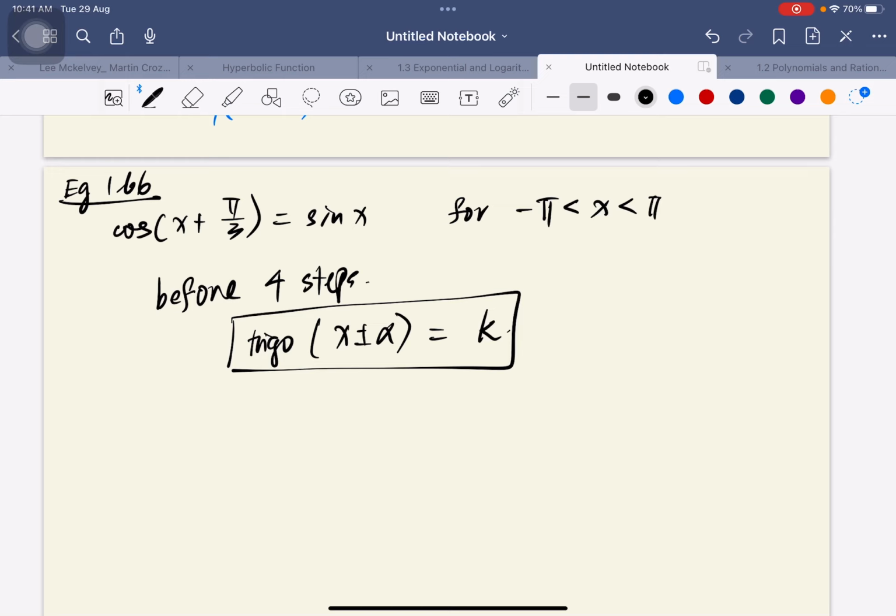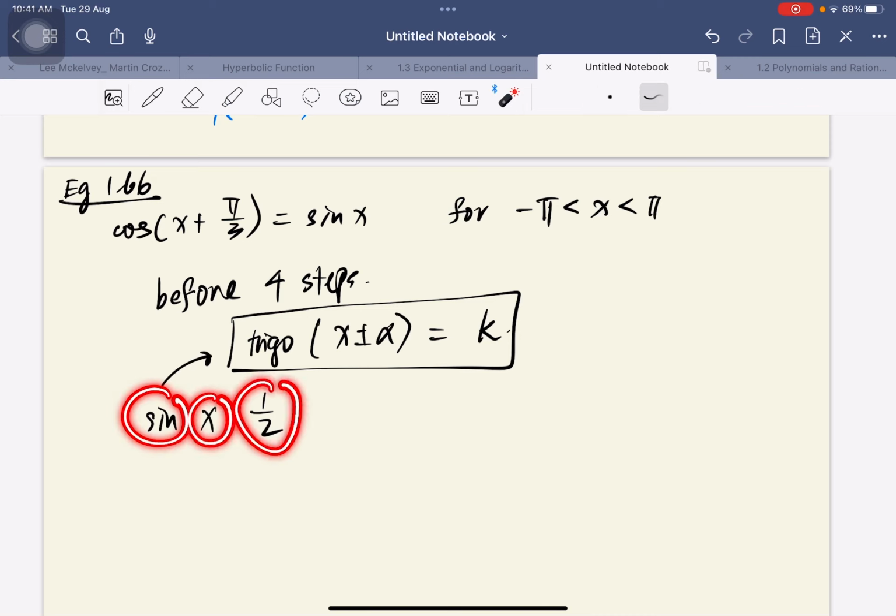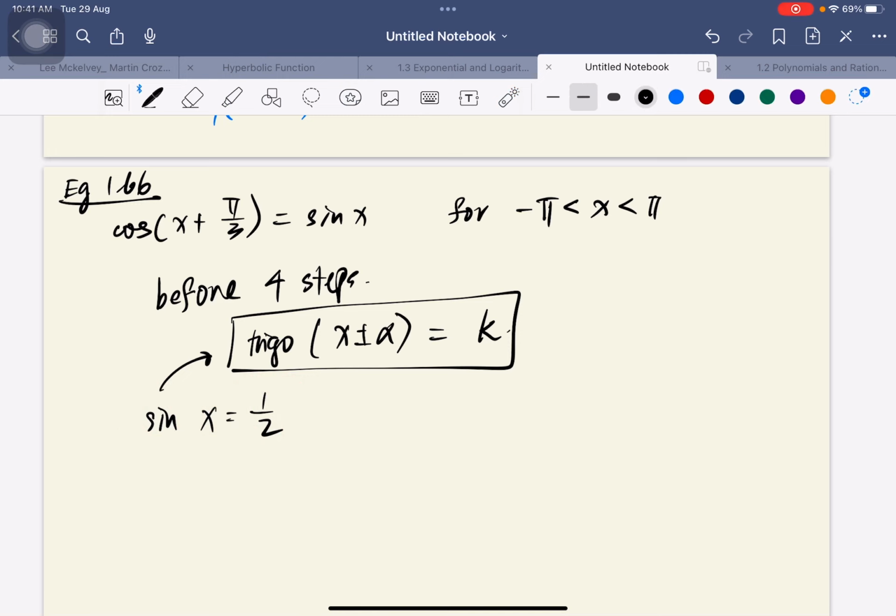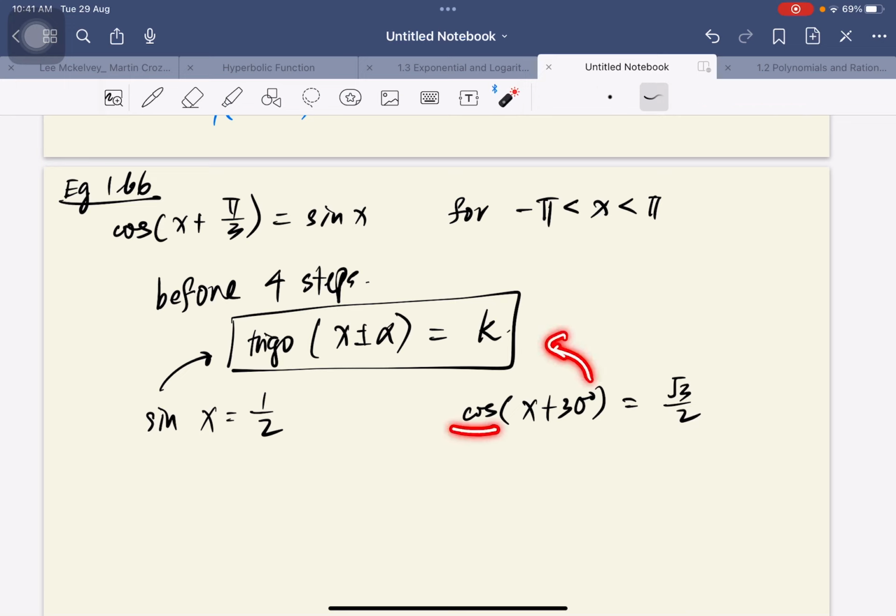For example, what is this trigo(x ± α) = k? It means that it has to be in this manner. For example, sin x = 1/2, because there is trigo, there is angle, there is a constant value. Or cos(x + 30°) = √3/2, also trigo, angle, constant.